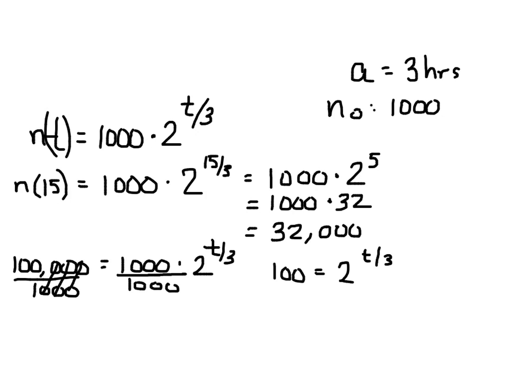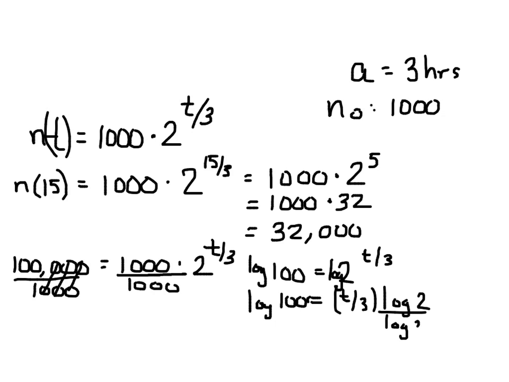Recall from the last section, when the bases aren't the same, you log both sides. That allows me to put the exponent to the front. Then I divide both sides by the log of 2.